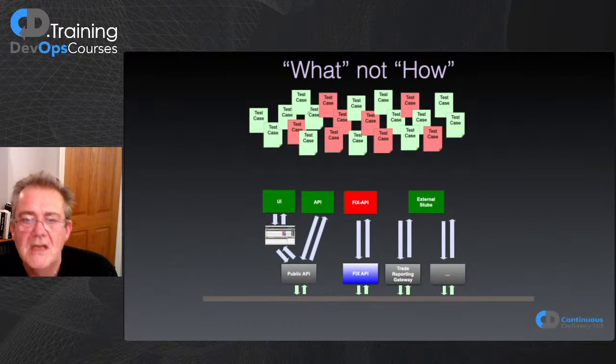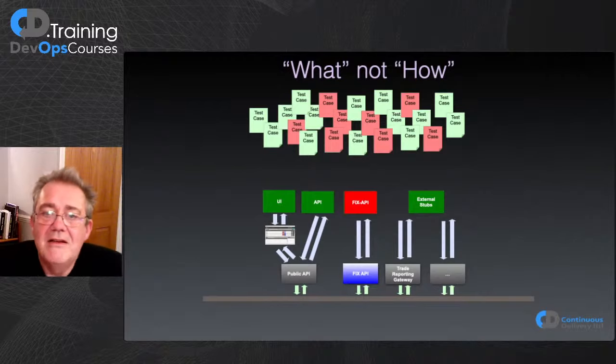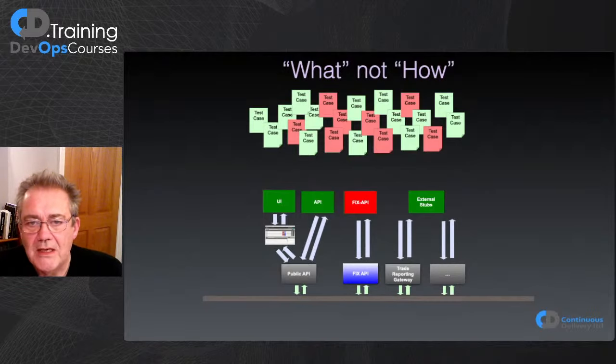That would be hidden behind this layer, currently color-coded green and red in the diagram, and that gives us an advantage. Now, what that means is that if we make a change in the system under test and that invalidates the same bunch of tests as before, we can now go and correct that problem in one place.